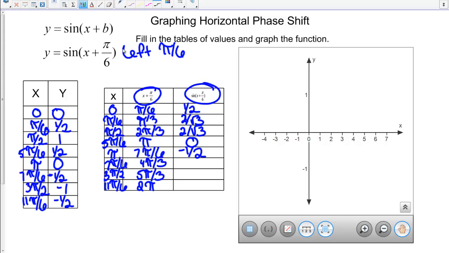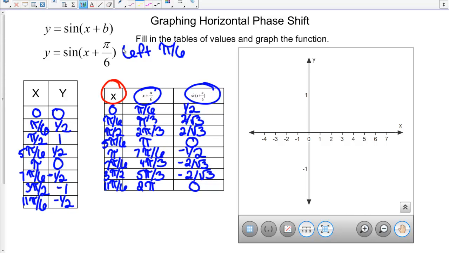Sine of 4 pi over 3 is negative 2 over square root of 3. Sine of 5 pi over 3 gives me negative 2 over square root of 3. And then 2 pi gives me 0.